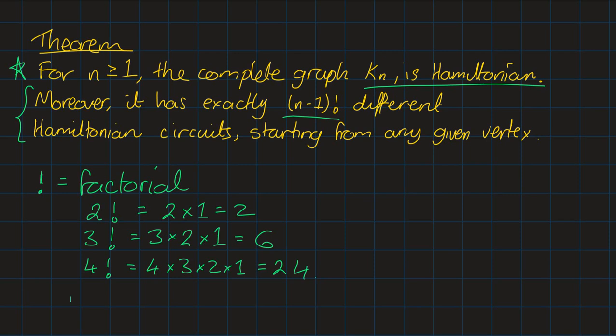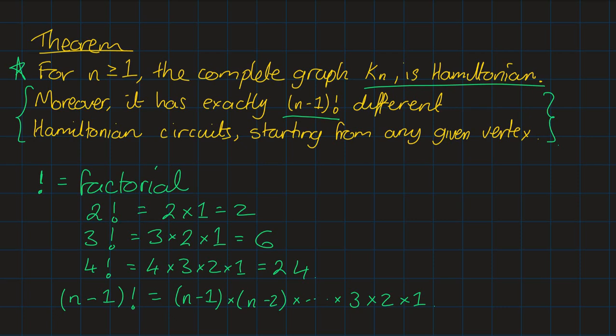And abstractly, (n-1) factorial, so n is some integer, is (n-1) times (n-2) times ... times 3 times 2 times 1. Whatever this is, okay? I will say, don't worry too much about this notation and about the second part of this theorem.